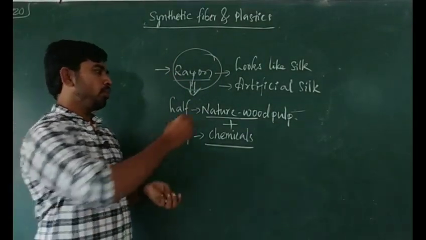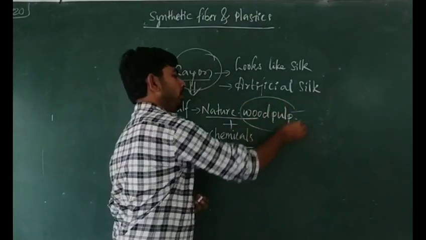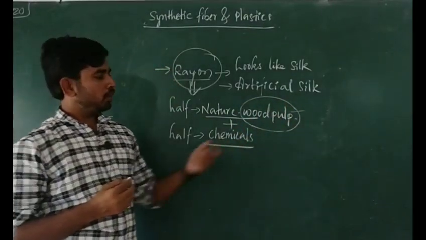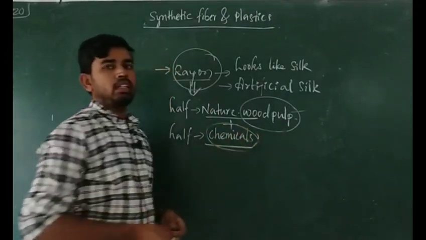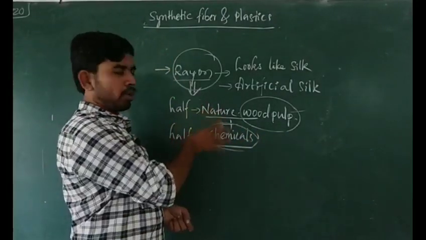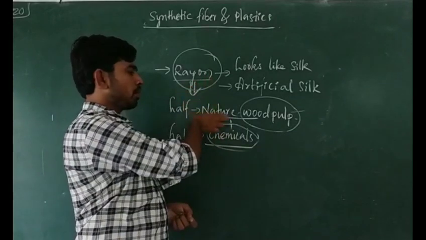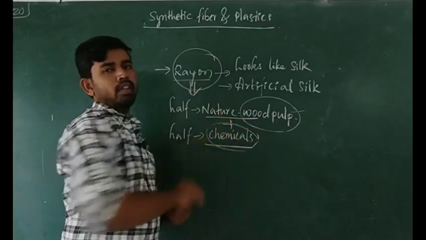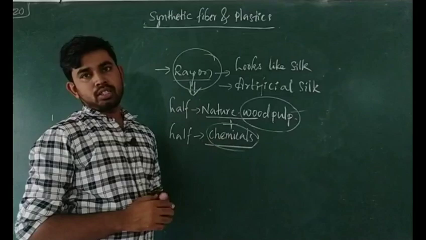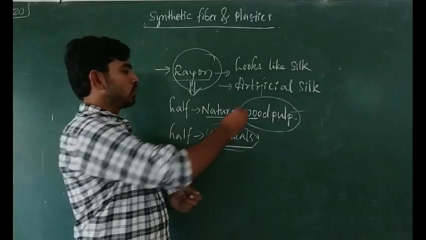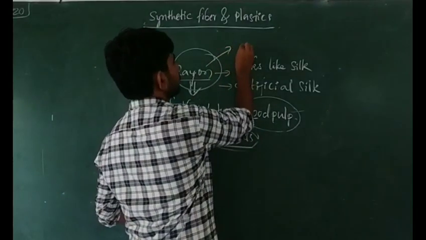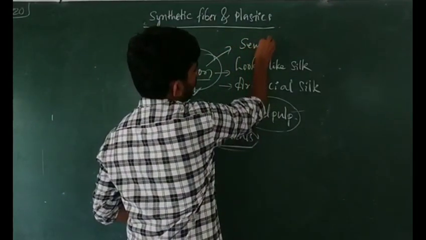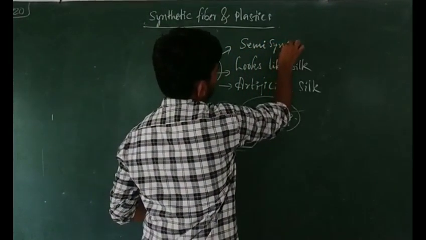How is it prepared? It is prepared by using wood pulp and different types of chemicals. Some raw material for the preparation of rayon is taken from nature, and some from different types of chemicals. Hence it is also called semi synthetic fiber.